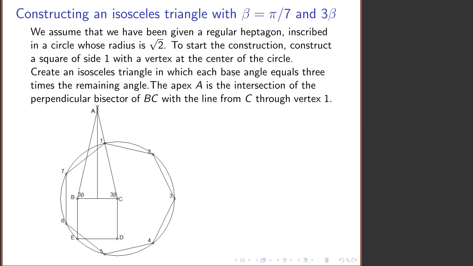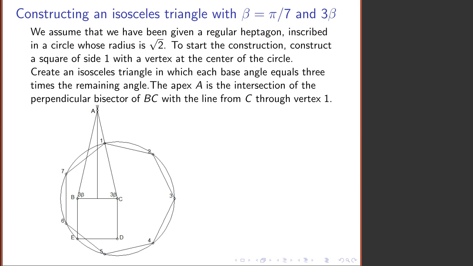The angle between those two is equal to 4 times beta, where beta is pi over 7. And since I have supplementary angles at C, the other angle is 3 times beta, where beta equals pi over 7. So this angle is 3 pi over 7.